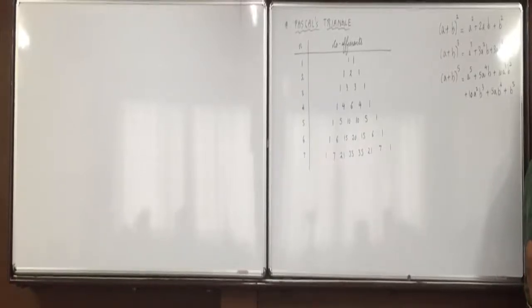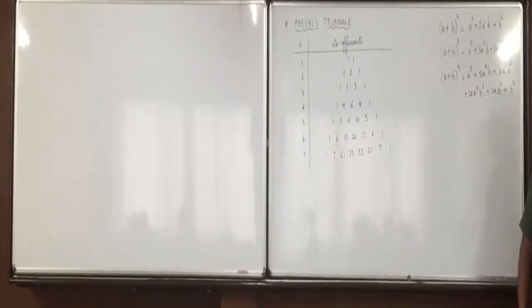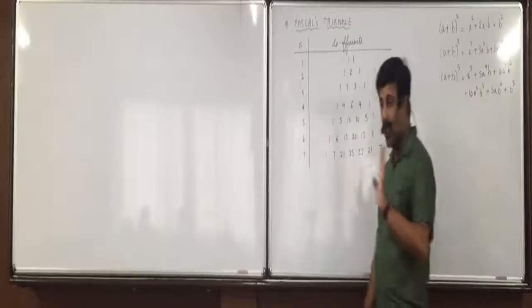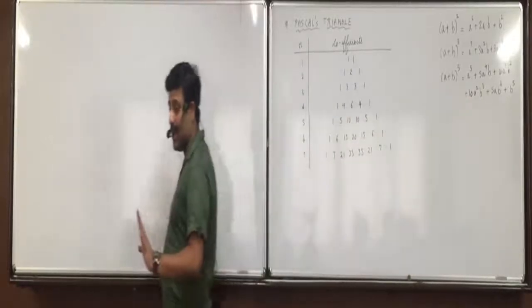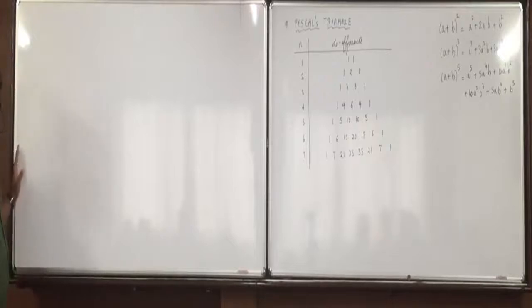Now we will solve exercise 6.3, page 243, question 1. 4 examples I'll explain to you, then the 5th one you will try on your own. So I'll explain 4 so that all the points are clear. Then the 5th one you all will try on your own. Anyone still writing this Pascal's triangle?